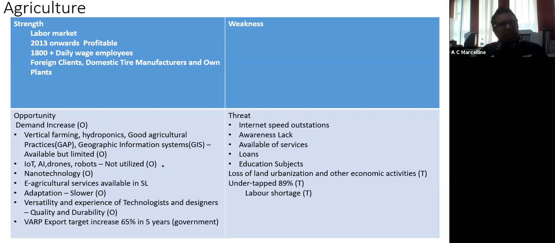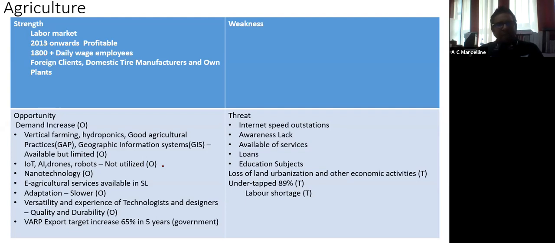The plants in my factories are very good, sophisticated, high-end ones. So that's a good opportunity. There are enough other opportunities to go. We talked about it: vertical farming, IoTs, AIs, nanotechnologies.